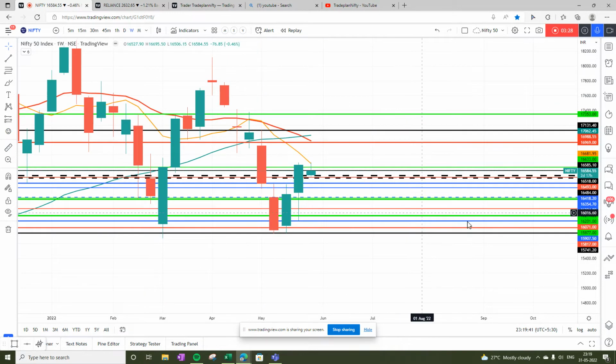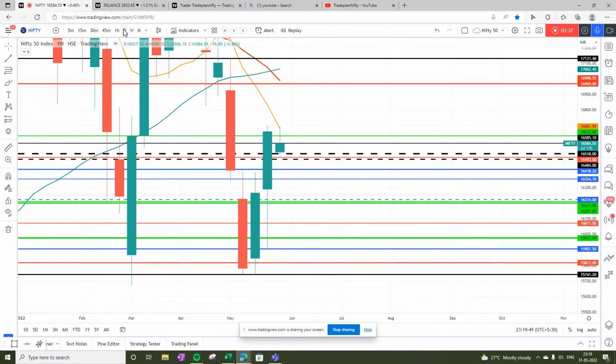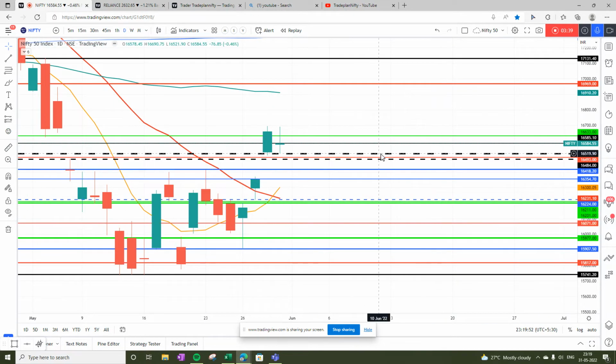On the weekly chart we see that it has closed below all the moving averages, so it is in a downtrend.